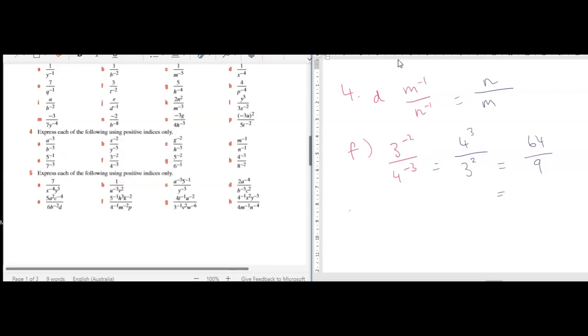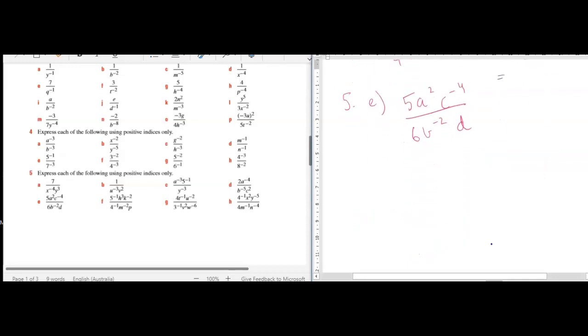All right, let's do some questions from 5. Let's do 5E. 5a squared c to the negative 4 over 6b to the negative 2 d. Okay, so this is where you got to go through each number or each letter and decide whether it stays on the numerator or goes to the denominator and vice versa.